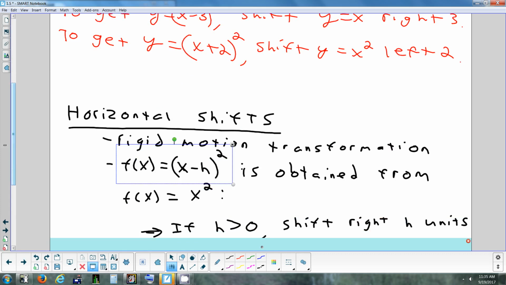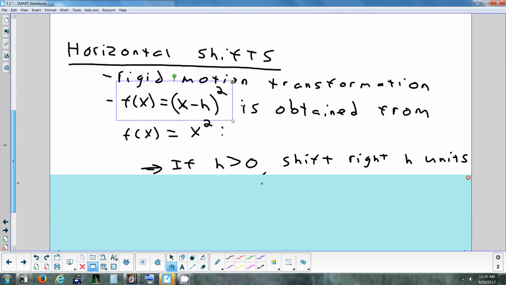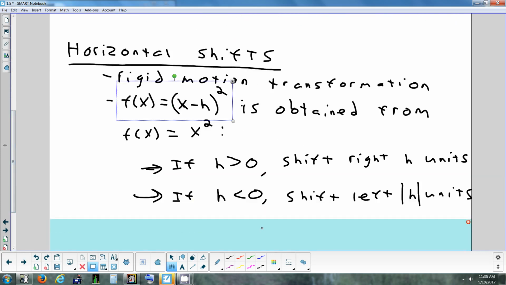If h is greater than 0, it'll shift right. If the part that I just circled is less than 0, it will shift left. So for a horizontal transformation, just focus on what I circled in red.